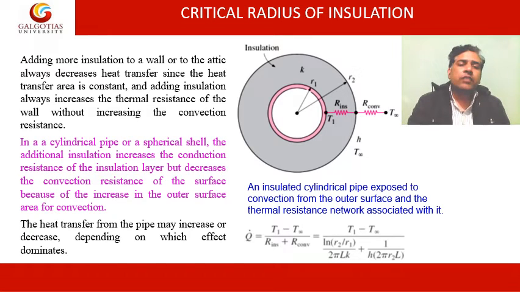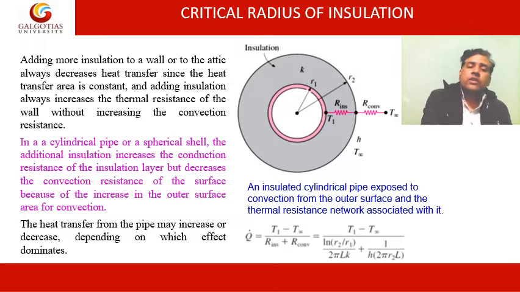In a cylindrical pipe or a spherical shell, the additional insulation increases the conduction resistance of the insulation layer but decreases the convection resistance of the surface because of the increase in the outer surface area for convection. The heat transfer from the pipe may increase or decrease depending upon which effect is dominant.